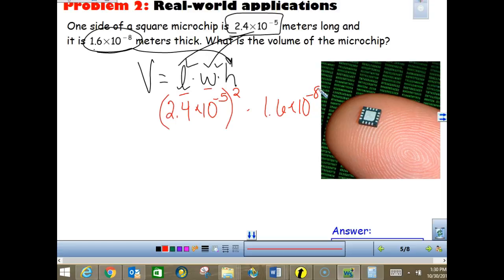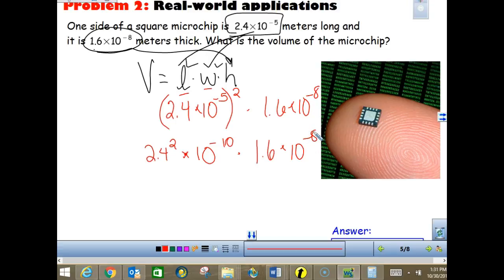So I'm sure as you're writing this down in your notes, right? We're going to take on our calculator 2.4 squared. We have times 10 to the what power, Riley, when I have negative 5, 2? To the negative 10. I have times 1.6 times 10 to the negative 8.